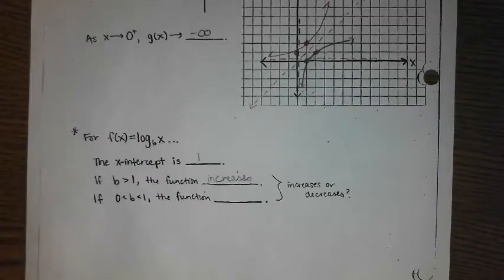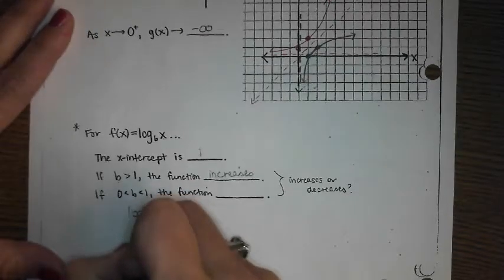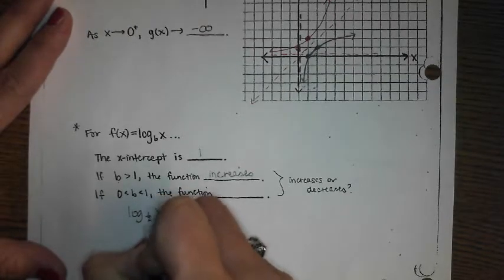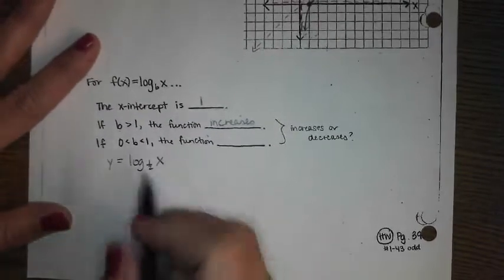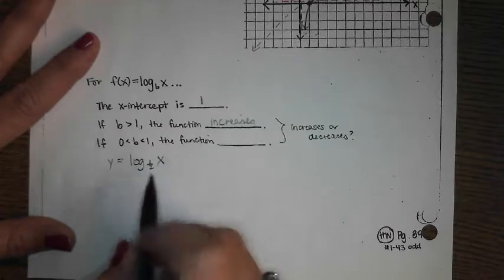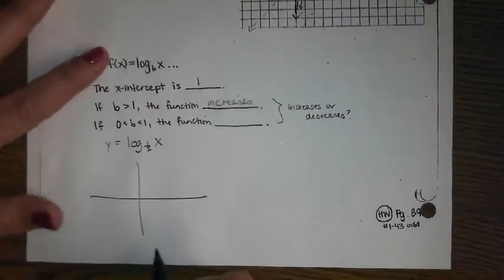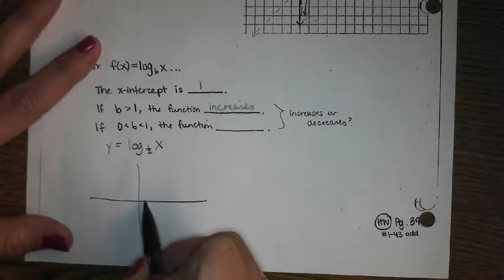What if b was between 0 and 1? Like what if it was log base 1/2 of x? Well, let's see. What would your x-intercept be? Still (1, 0), right?